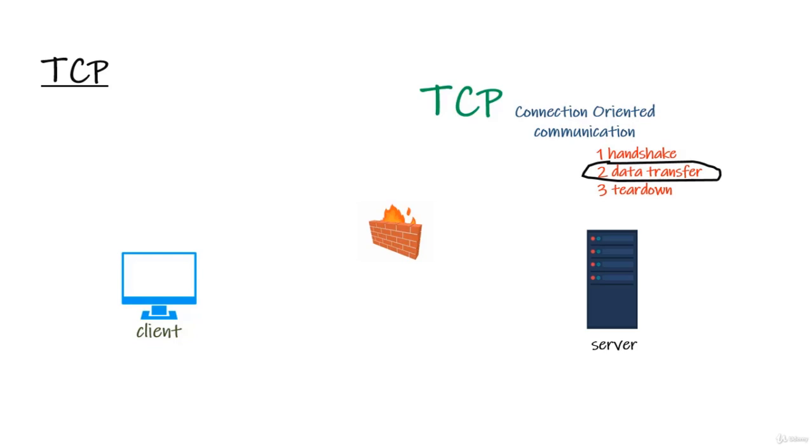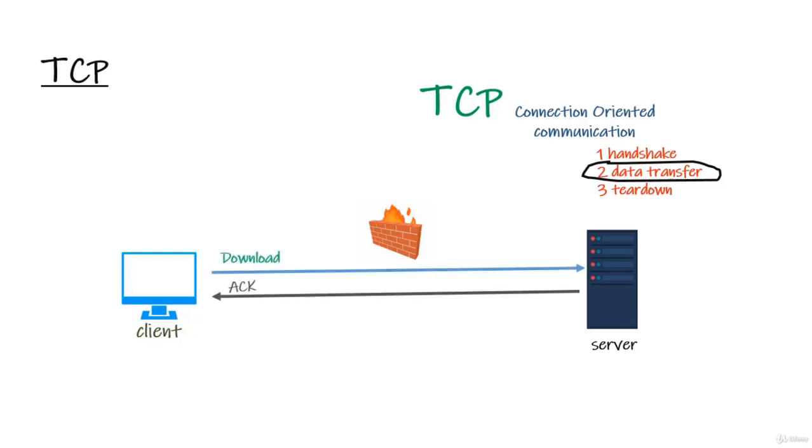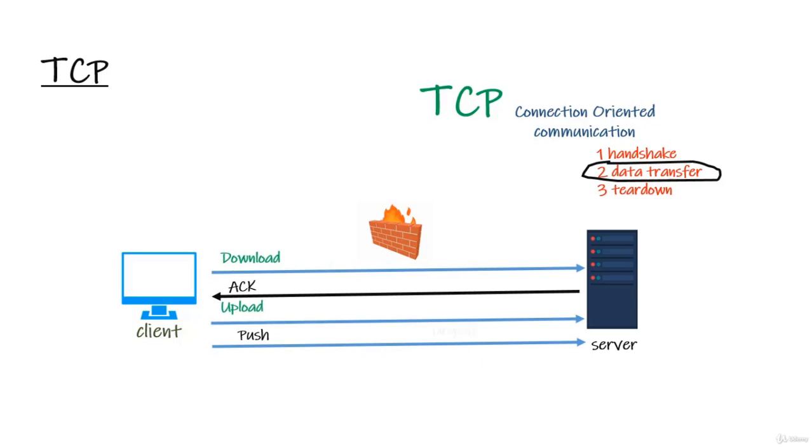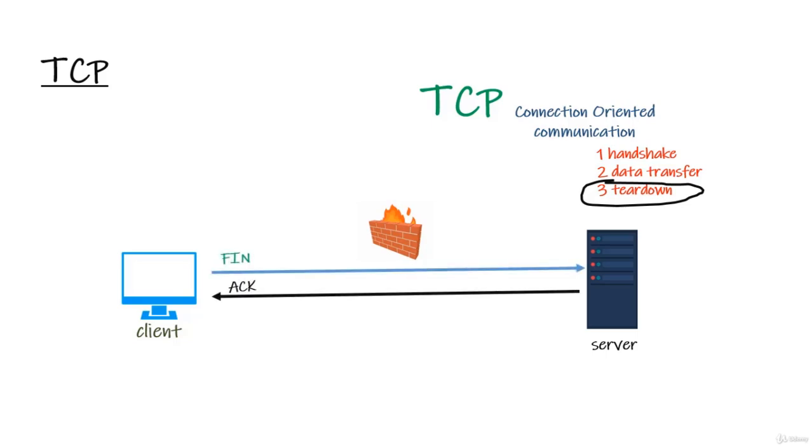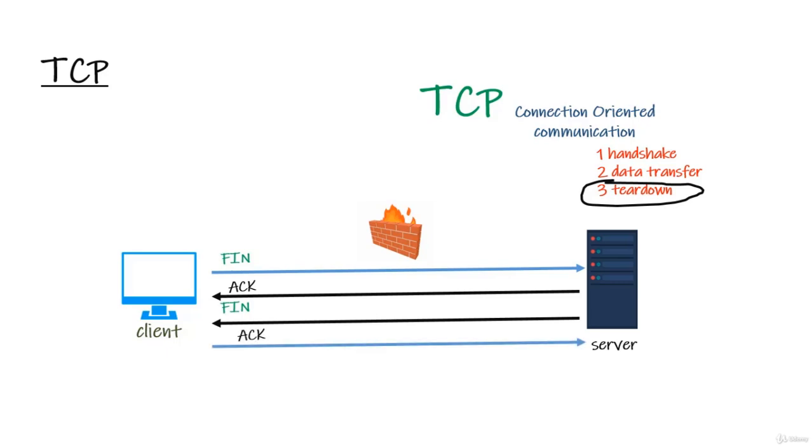The second phase is the actual data that we send through our networking connection. It has download, ACK, upload, push, all kinds of different flags that come and go. And the teardown part, which is finish, acknowledge that, finish, and acknowledge that from the client side.